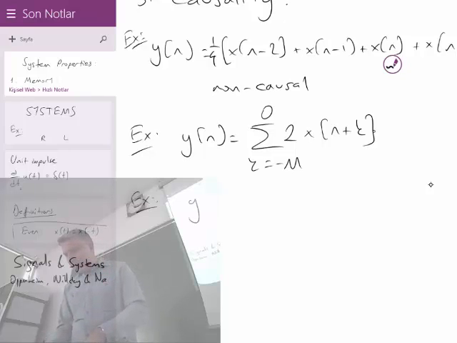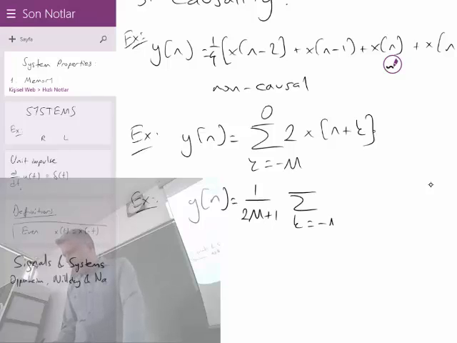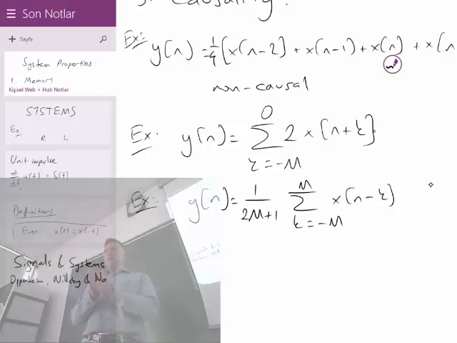However, this thing wouldn't be causal. This example is another averaging filter, but this time it's k from minus M to M, x of n minus k. It's averaging from the center point M to the left, M to the right, adding them up and dividing by 2M plus 1, which is taking the average of all the samples.